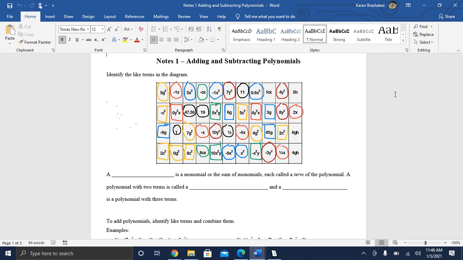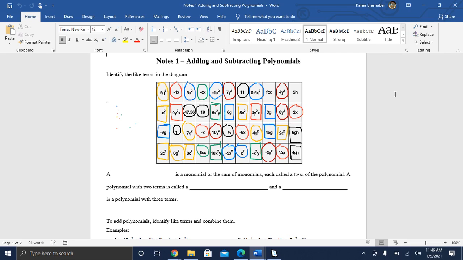My third row, I'm looking at GH, and I see that I have a like term with 4GH right below that.